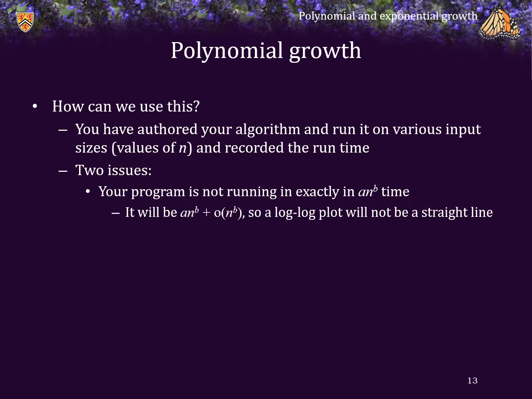Instead, it's going to be running in a times n to the b plus lower order terms. Consequently, a log-log plot will never be exactly a straight line. Also, of course, there's going to be errors or noise in your timings. So any points that you find will not fall on a straight line.